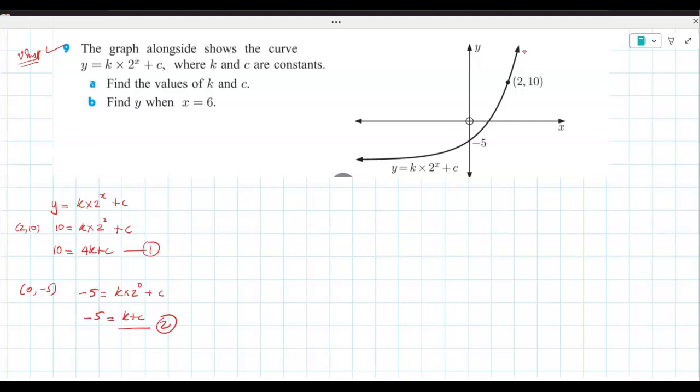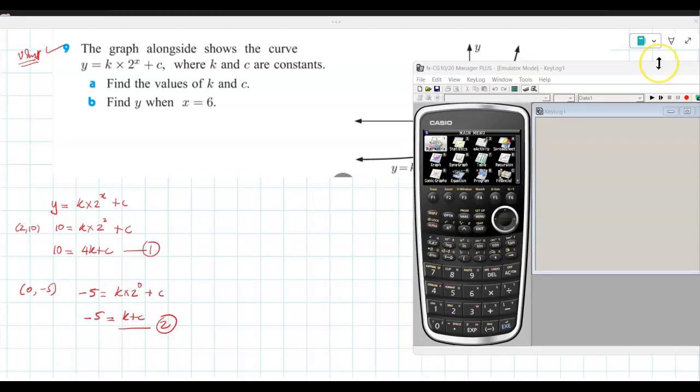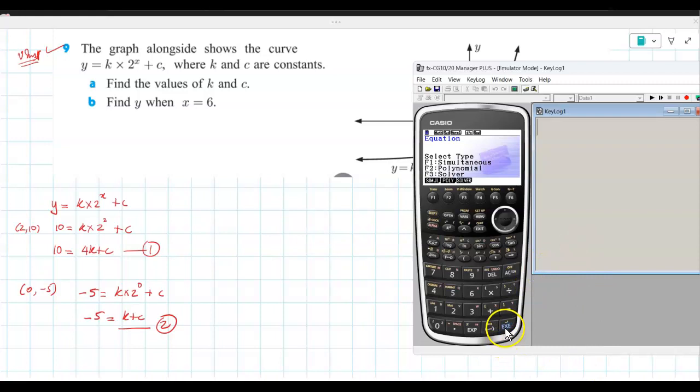When you're solving simultaneously, you go to equation. In the equation, take simultaneous, F1. Polynomial is for quadratic, cubic, and all that. Number of unknowns: 2.